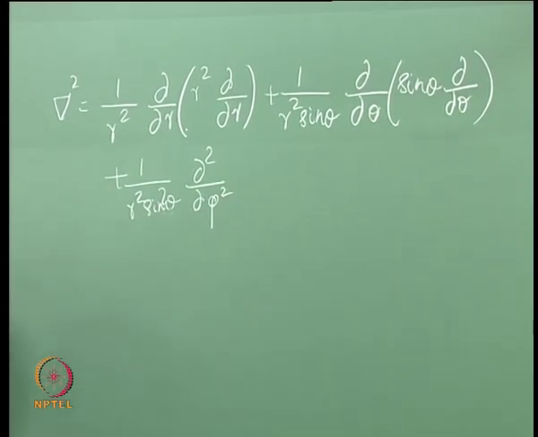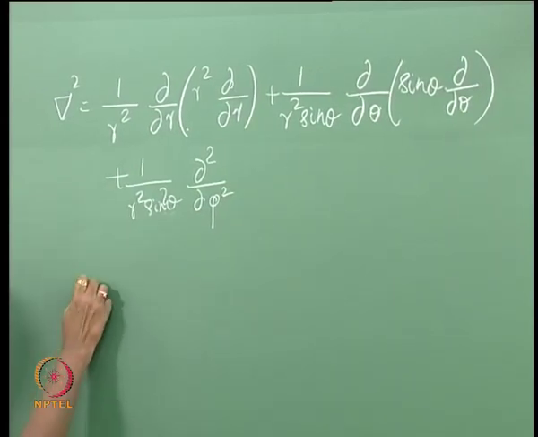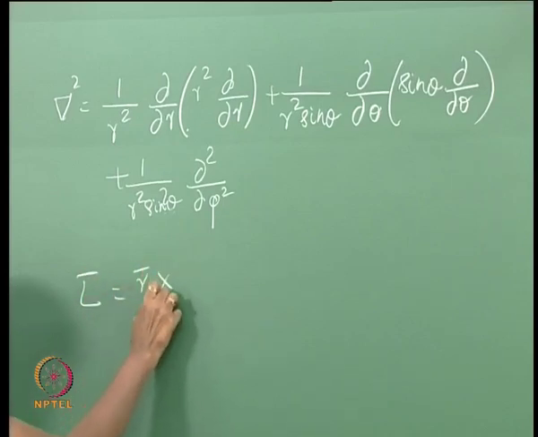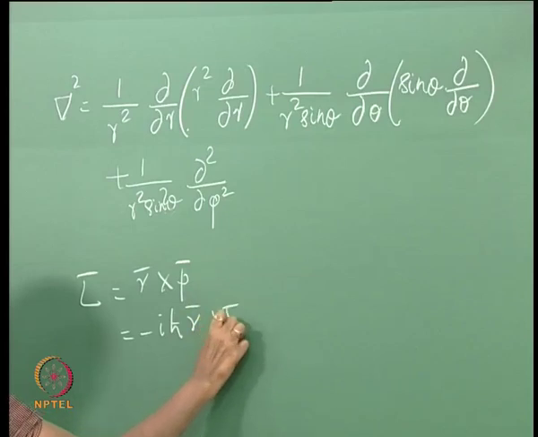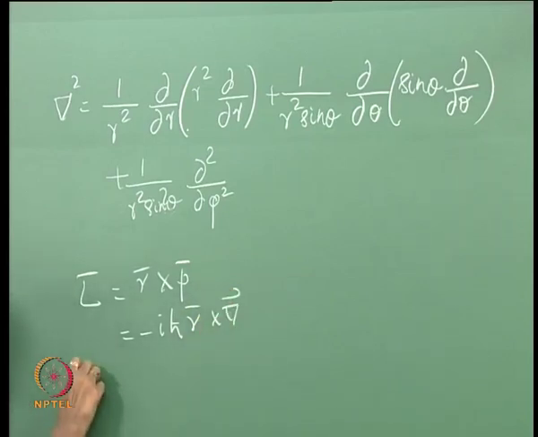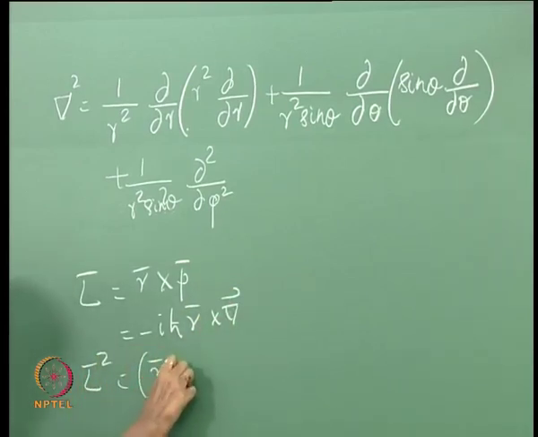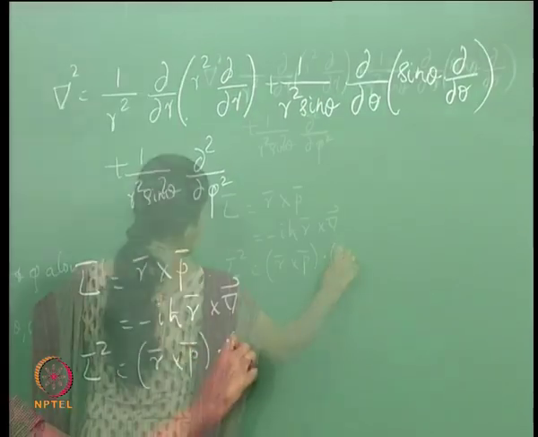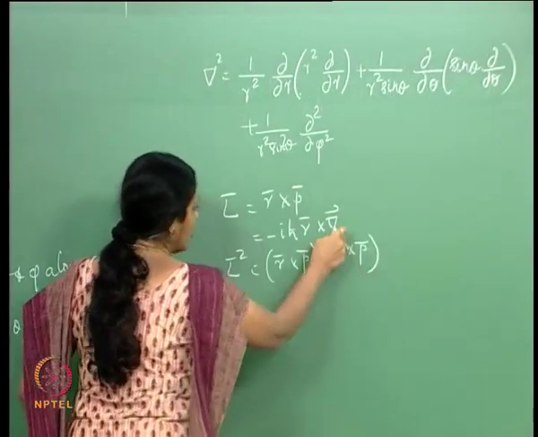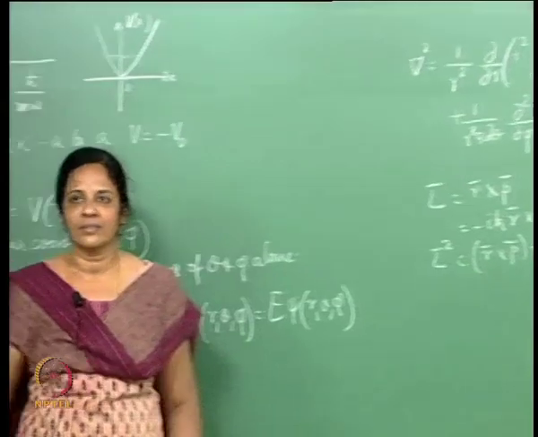So, this is del squared, and since L is r cross p, which is minus i h cross r cross del, L squared would be r cross p dotted with r cross p and will therefore involve del squared.